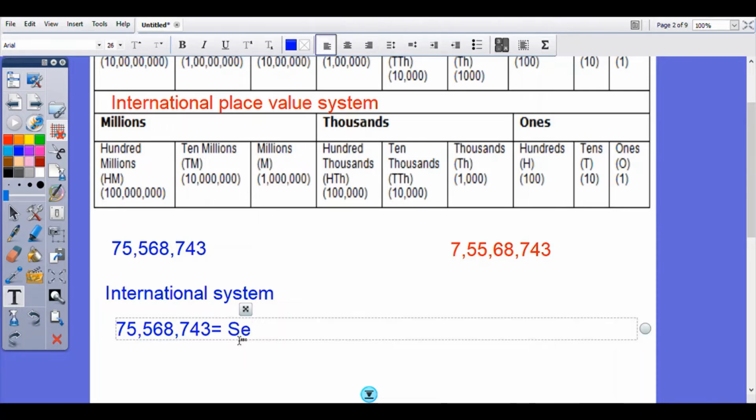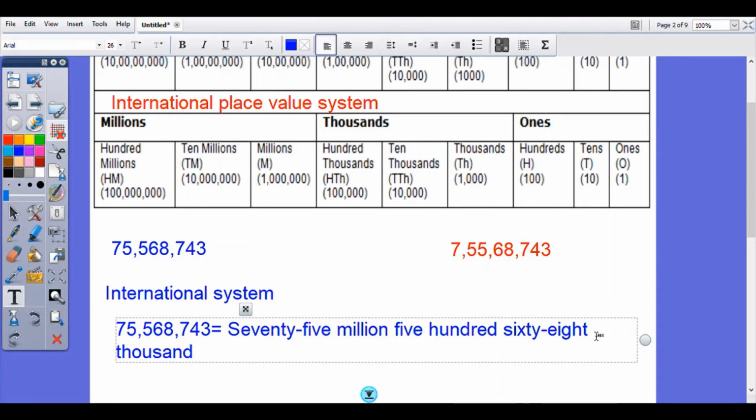So 75 million, 568,000, 568,743. Okay, student.